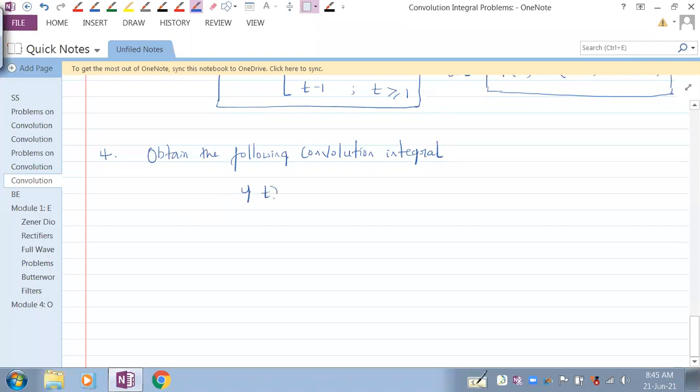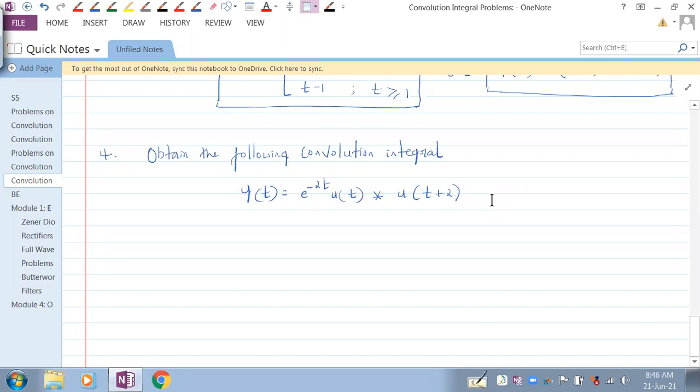That is given as y of t equal to e power minus 2t u of t, convolution integral u of t plus 2. Fine. So this is the problem that's given now.